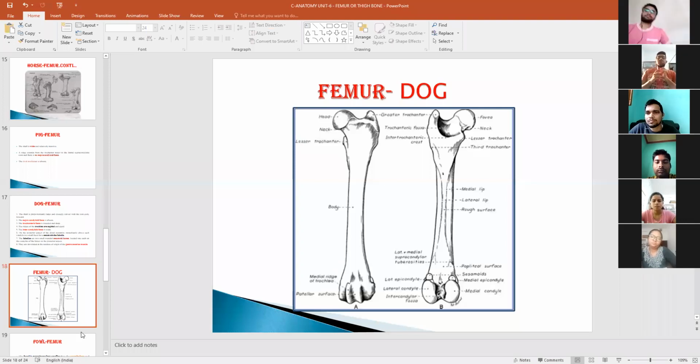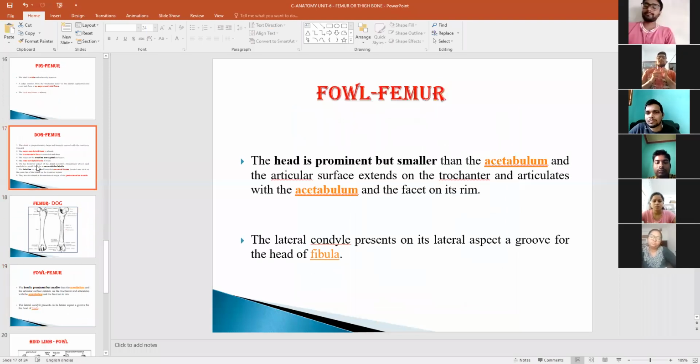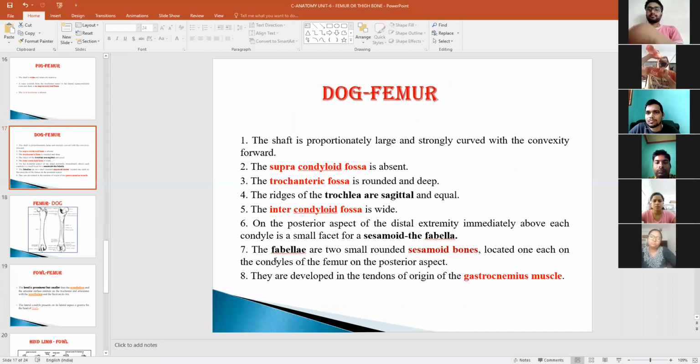Okay. So, in case of the dog, another point, as we have already discussed, on the posterior aspect of the distal extremity, immediately above the condyle, there is a small facet for the sesamoid bone that is known as the fabella bone. These fabella bones are two in number, rounded in shape, located on each side of the condyle of the femur on its posterior aspect.